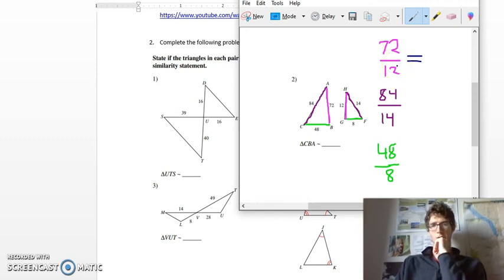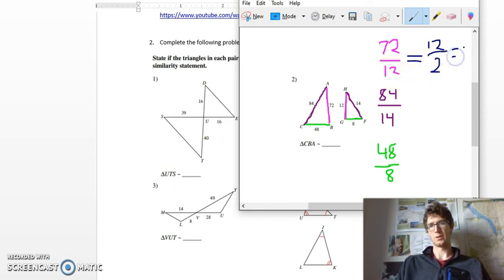Well, a factor of 6 goes into both of them, so let's try that. 72 divided by 6 gives you 12, and 12 divided by 6 gives you 2. 12 divided by 2 is 6 over 1, which is just 6.